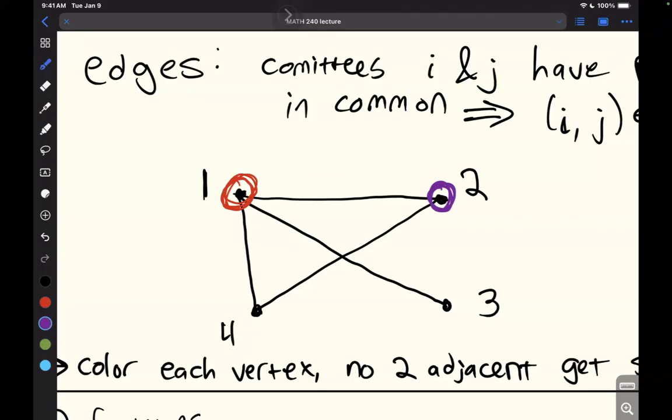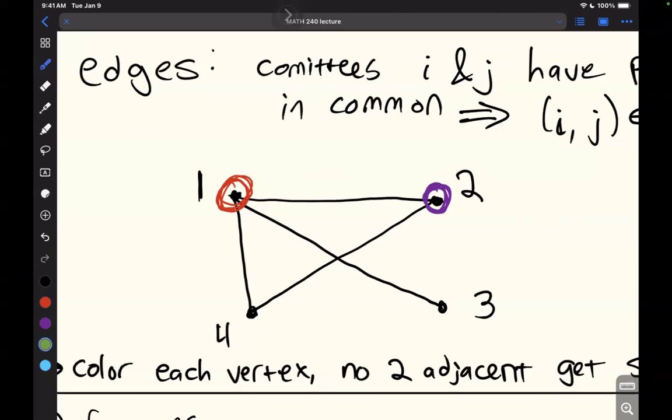So now we've got to use a new color. Green's up next for me, so I'll use green. And then when we look at 3, can 3 be red? Can 3 be purple? Could 3 be green? Yeah, so it doesn't matter which one. I'll just choose purple.